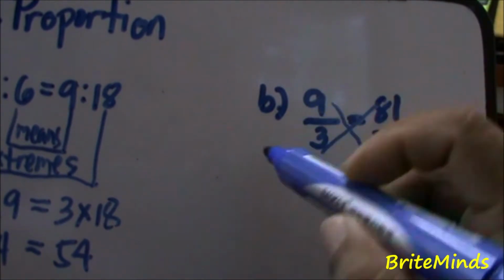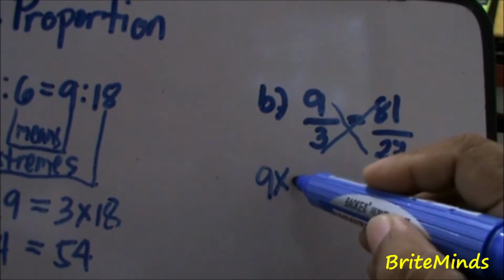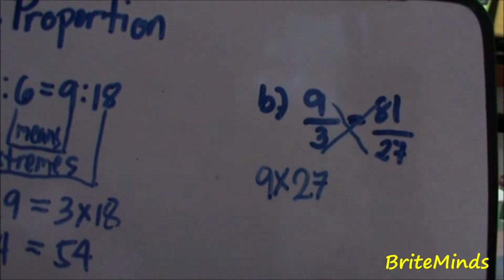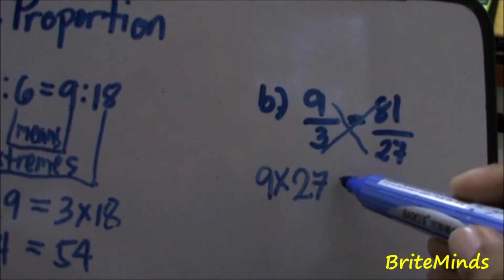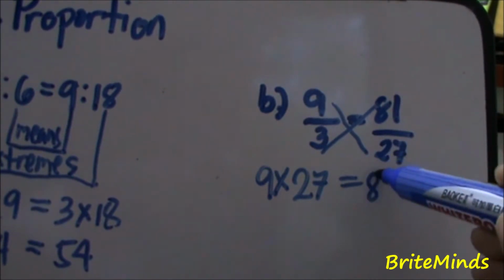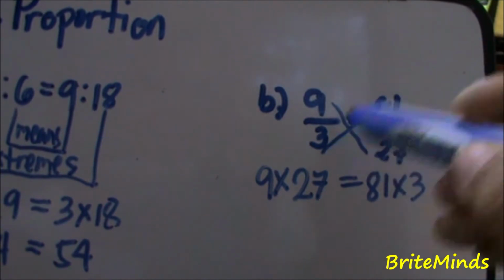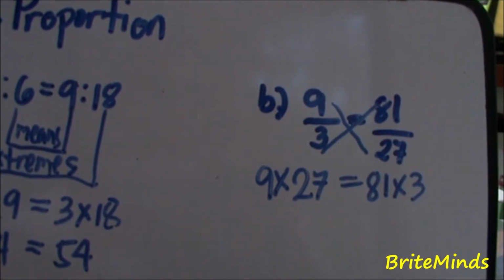So 9 times 27 equals 81 times 3. We have to see if the products of the cross multiplication will be equal.